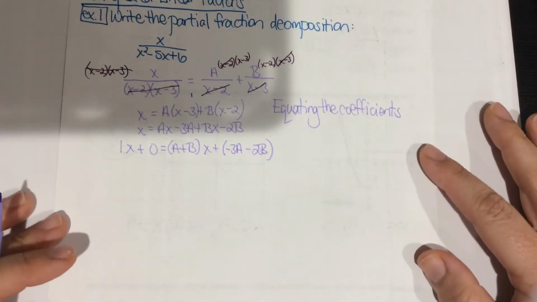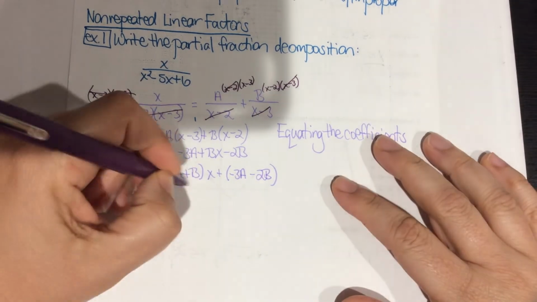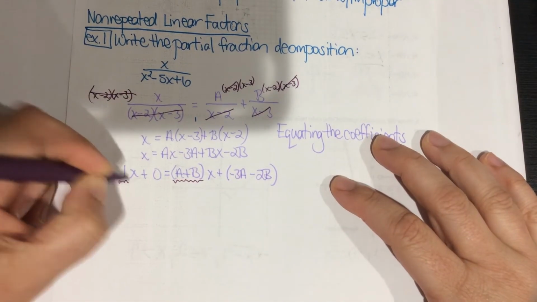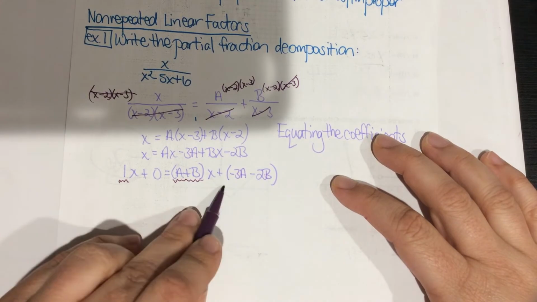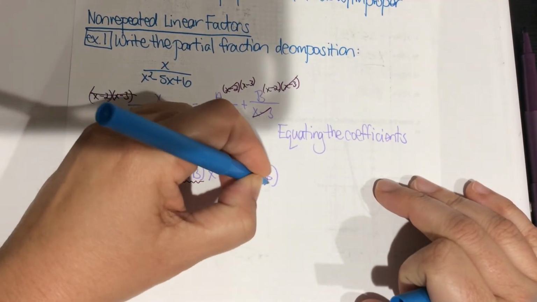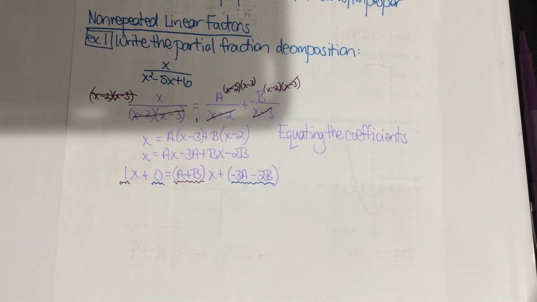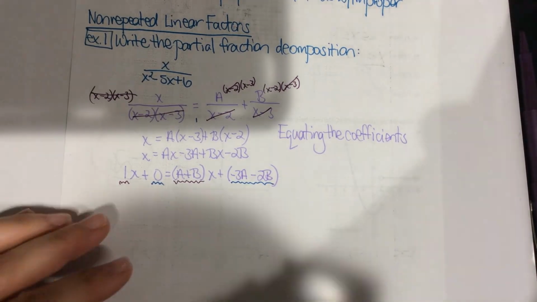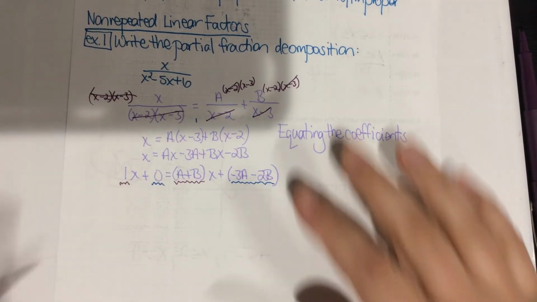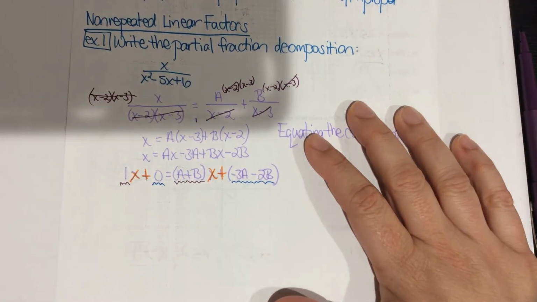And I want you to just think about that for a second before I explain it. So what I'm doing is I'm getting this to be set up exactly the same as this. I have something in front of x plus a number with no x involved whatsoever. Okay? And then this is where I'm going to equate the coefficients. If I have these two things that are equal, I have the same format.